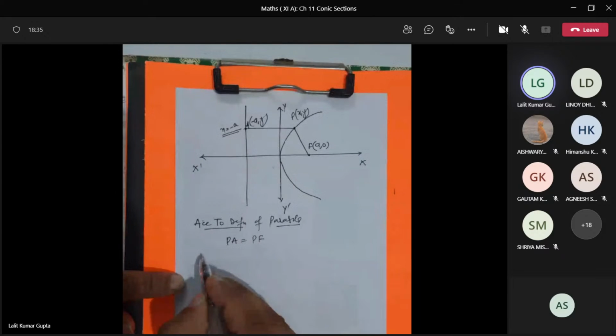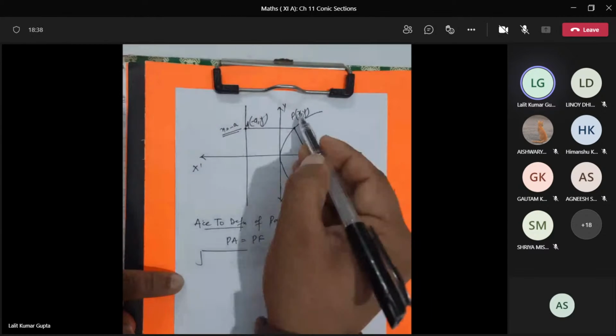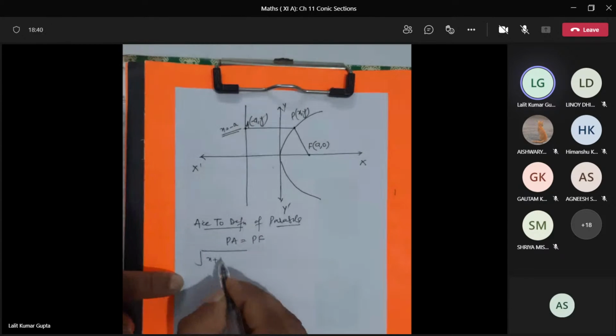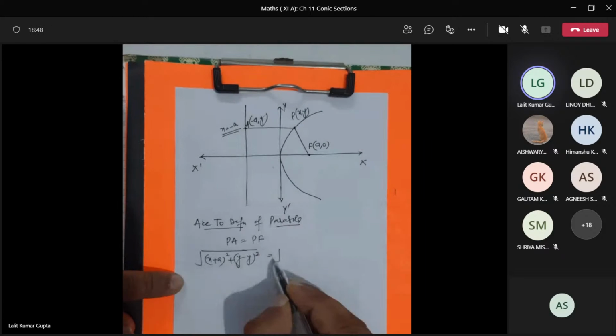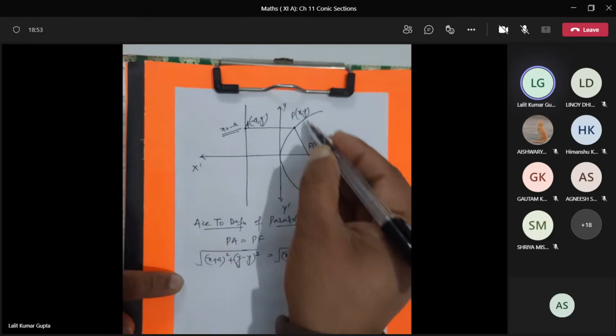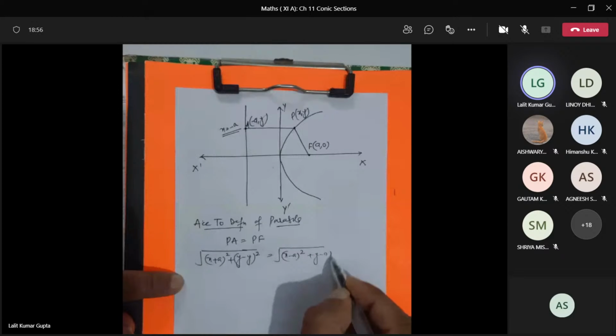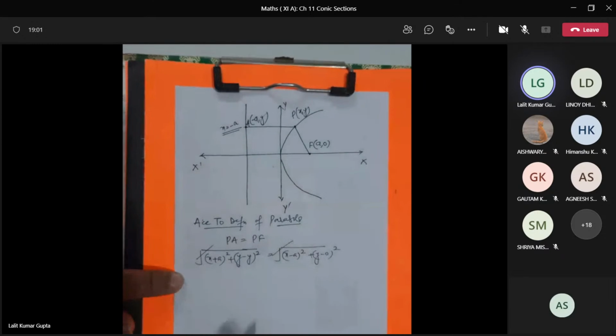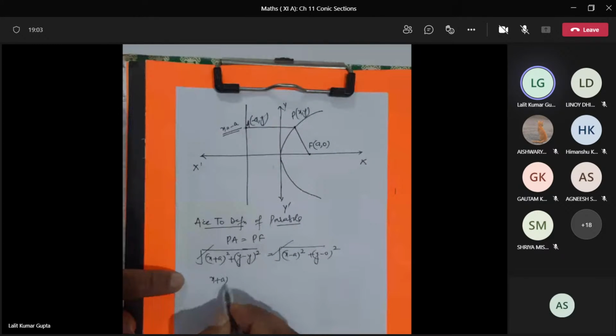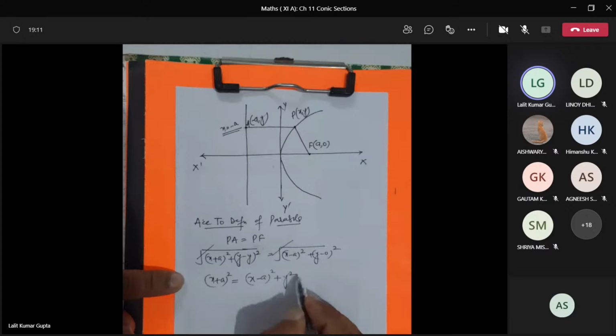Use distance formula to find out PA: root of (x plus a) whole square plus (y minus y) whole square is equal to PF: root of (x minus a) whole square plus (y minus 0) whole square. Simplify this. Square root, squaring both sides cancelled. Now we have (x plus a) whole square is equal to (x minus a) whole square plus (y minus 0) whole square, y minus 0 is y, this is y square.